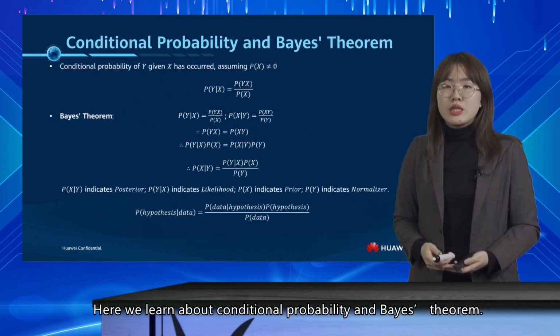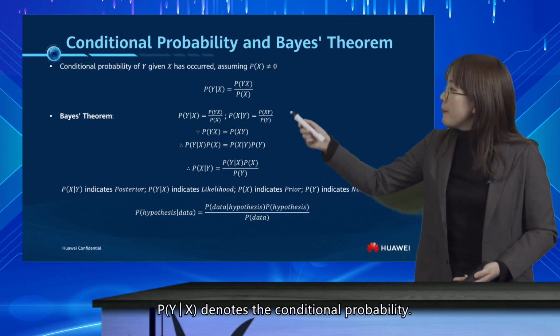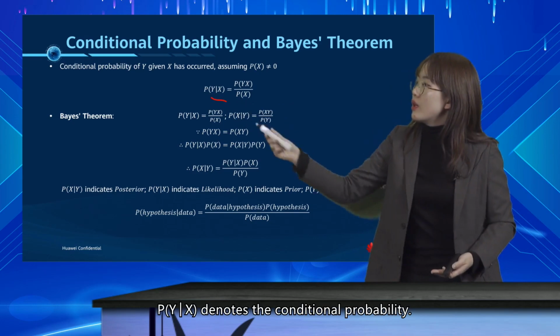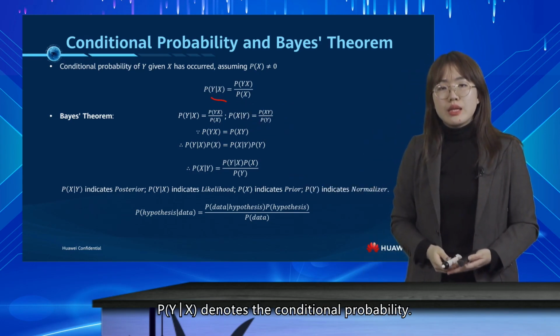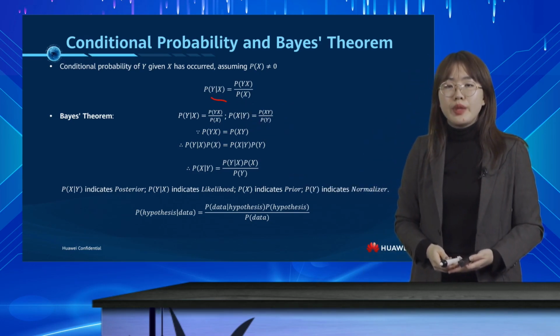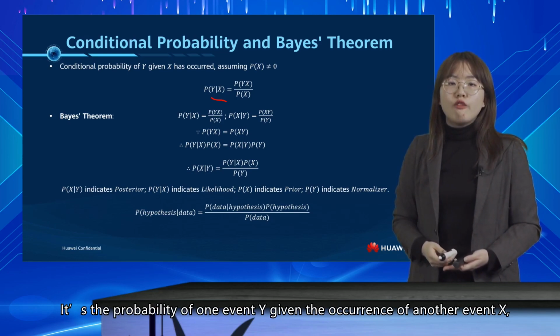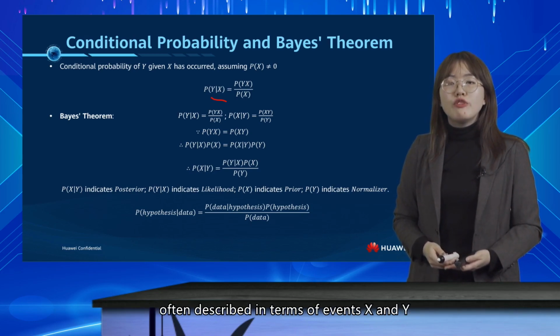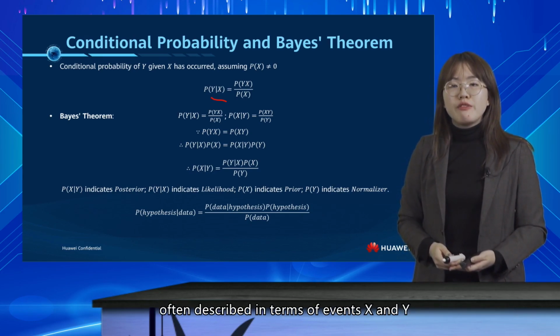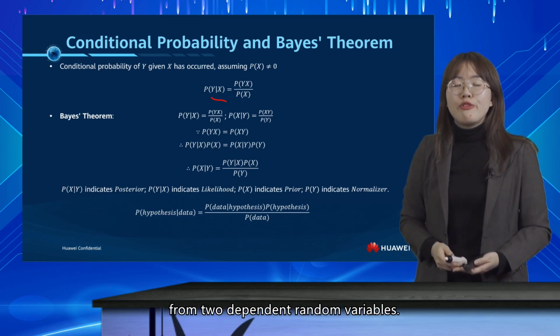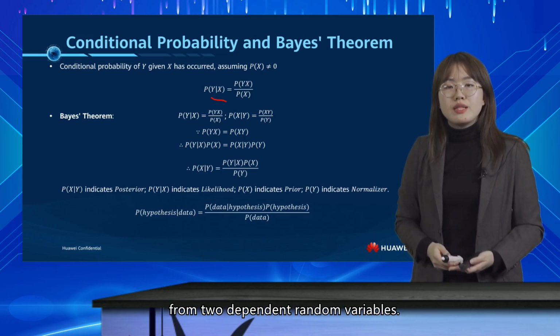Here we learn about conditional probability and Bayes' theorem. P(Y|X) denotes the conditional probability. It's the probability of one event Y given the occurrence of another event X, often described in terms of events X and Y from two dependent random variables.